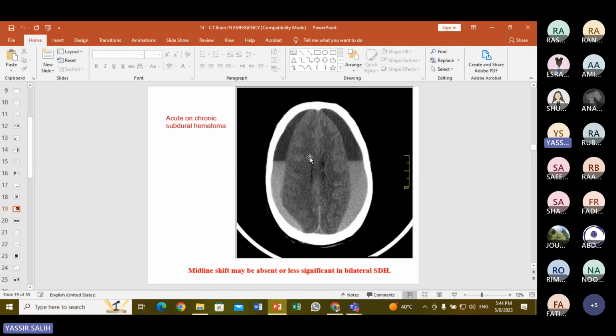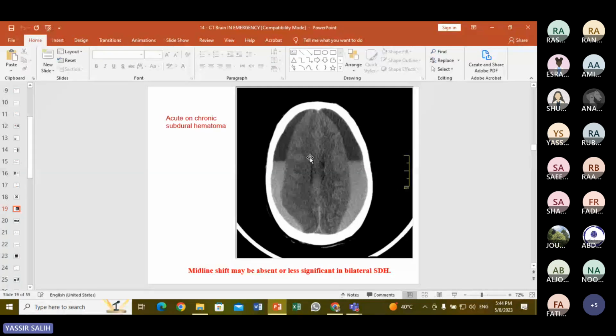Anyone to report this also? What is this image? Is it CT?